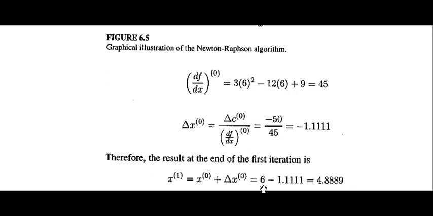What will be the x2 value then? So 4.2789. Okay, fine. You have generated the second iteration response correctly.